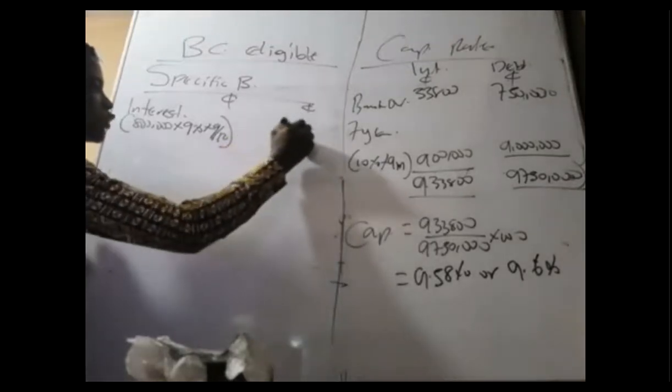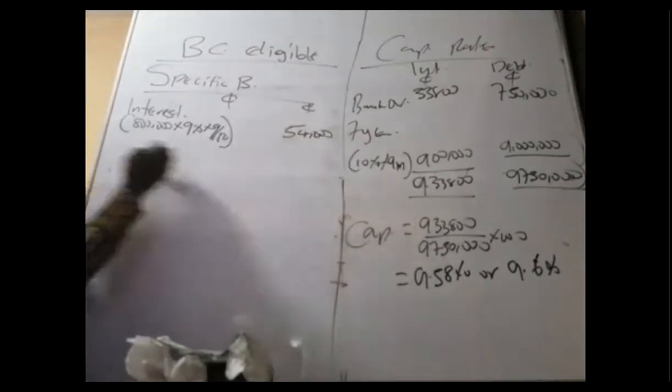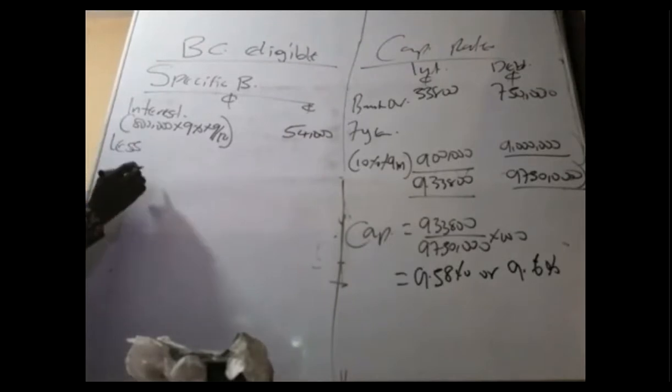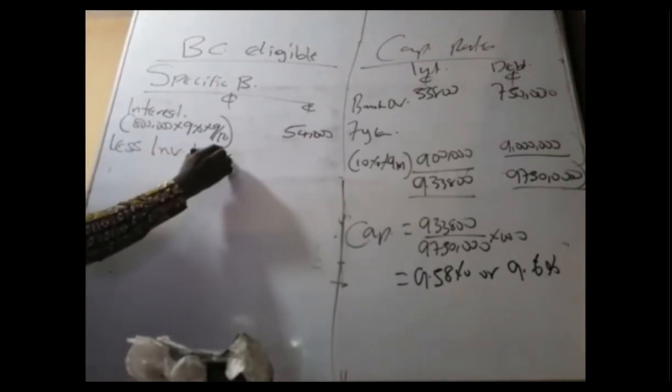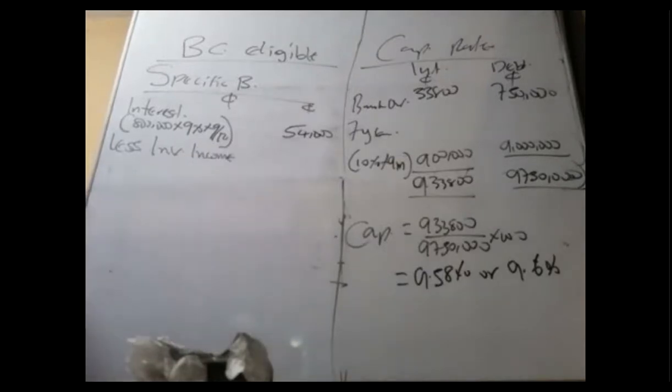The total interest is 54,000. That is less the investment income from temporary investment. So basically, now let's see.